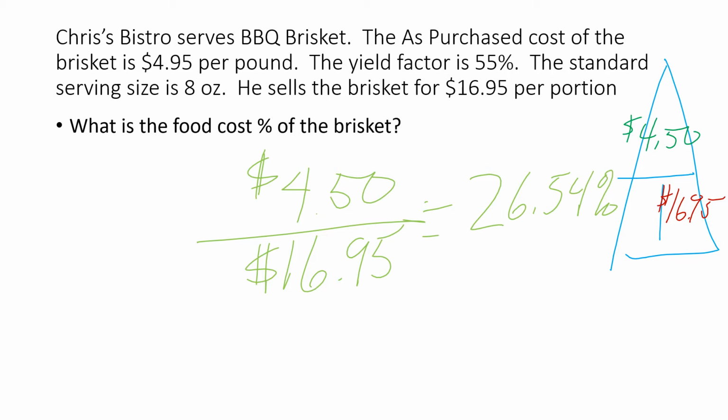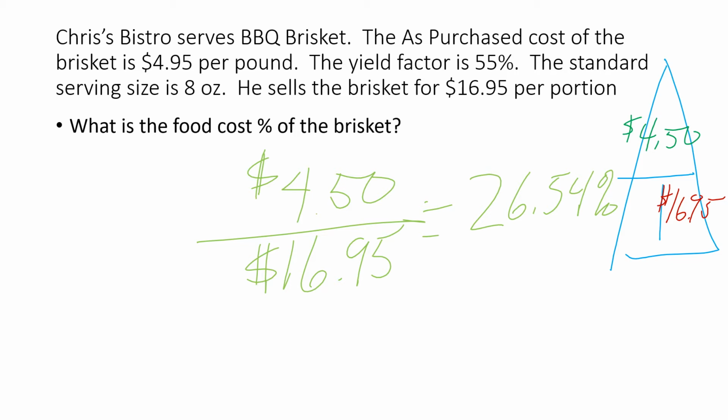It's 0.265. Remember, we have to move that decimal place over too, because we multiply it by 100 to make it a percentage. 26.54%. Is that a good food cost percentage? It's below 30, so that's not bad. Why do we use the decimal?